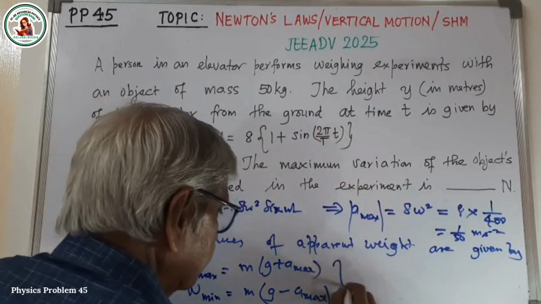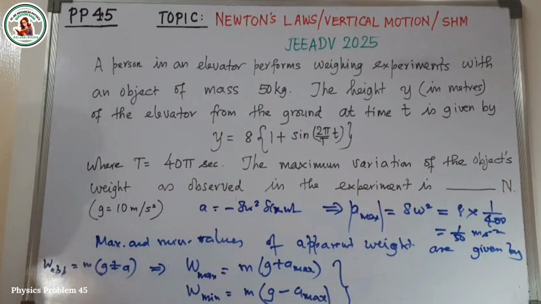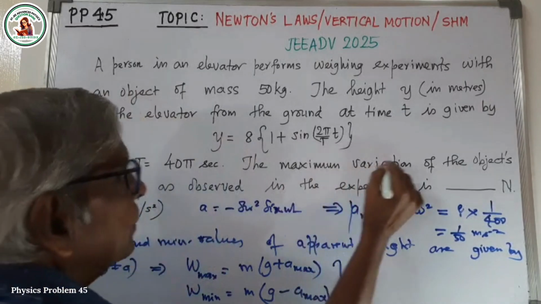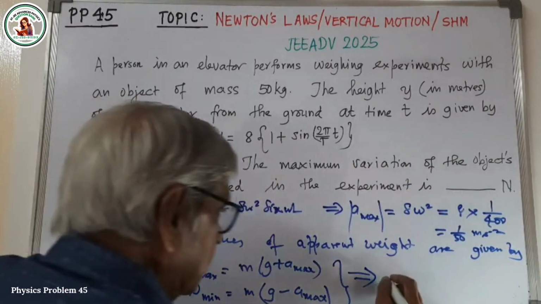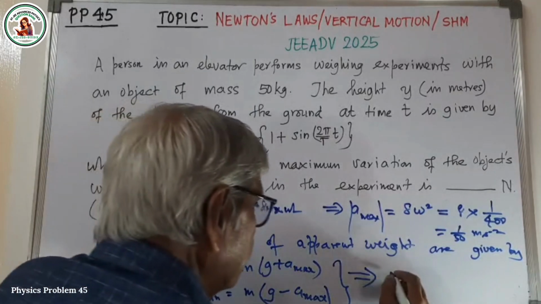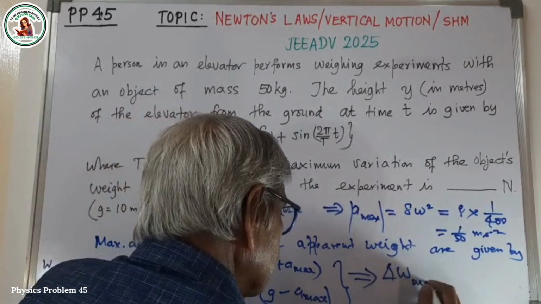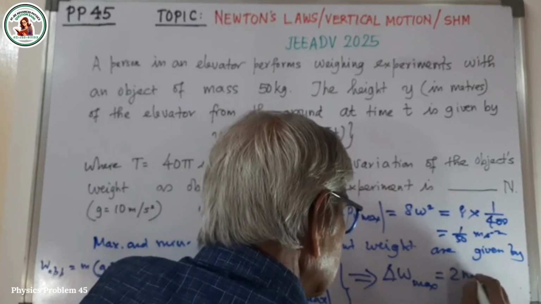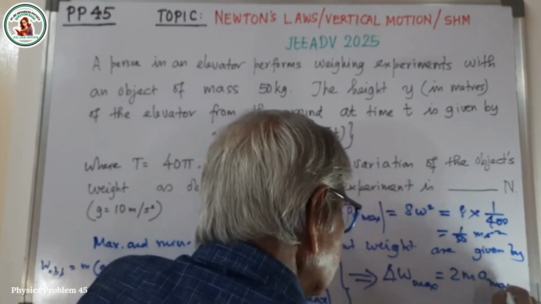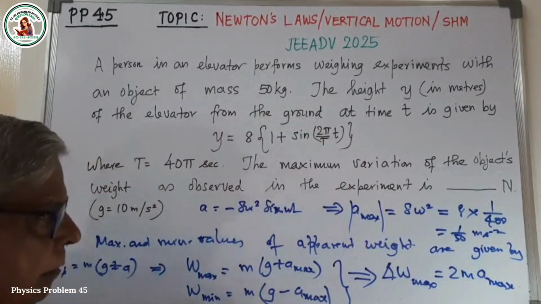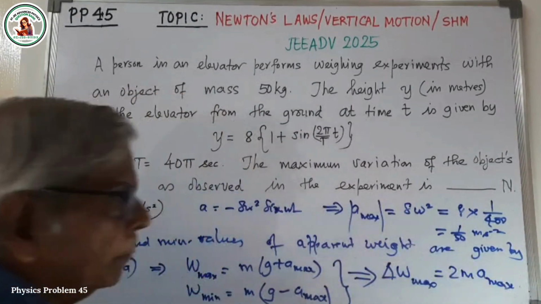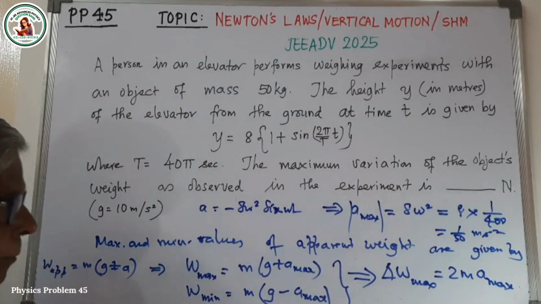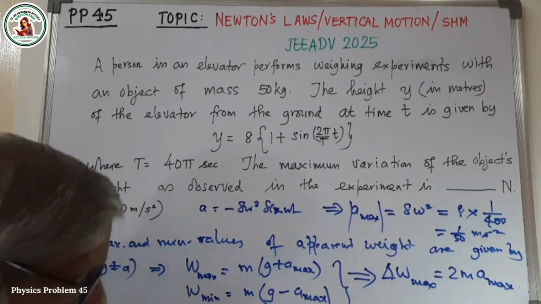So actually this full apparent weight we don't need to get. What we want is only the difference, the maximum variation in the observed weight. So delta W maximum is equal to 2M A maximum. That is the required value. Working this out gives the numerical answer required.